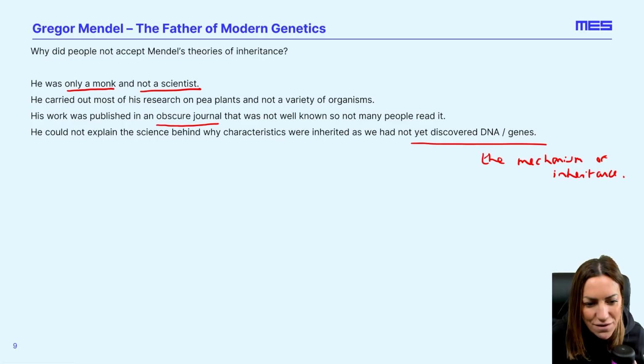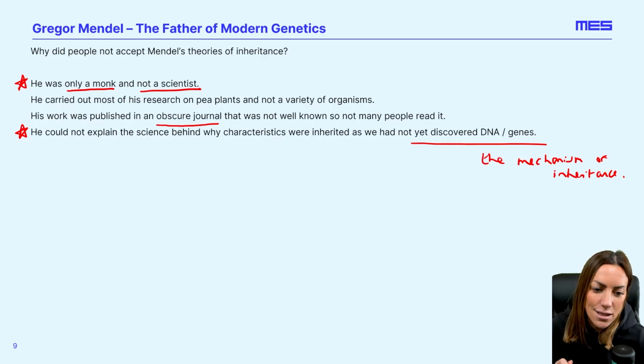We didn't know the structure of DNA. We didn't know about chromosomes, genes, alleles, all that stuff. So we didn't know about the mechanism of inheritance, which made it very, very difficult for him to explain the science behind what he had found, okay? So try to make sure you remember at least 2 of these. Maybe this one and this one are the easiest to remember. It's up to you. Try and remember 2 of them.